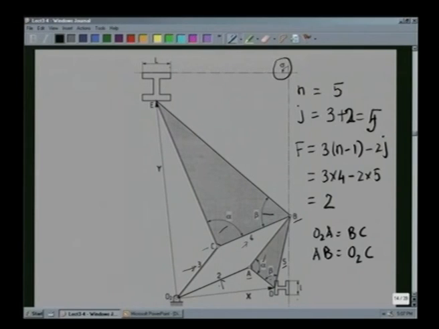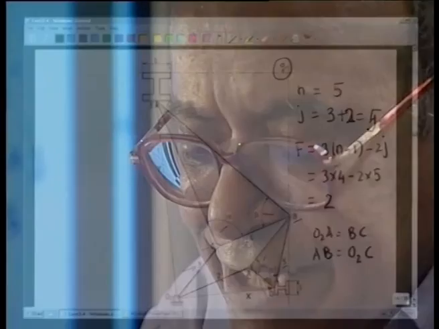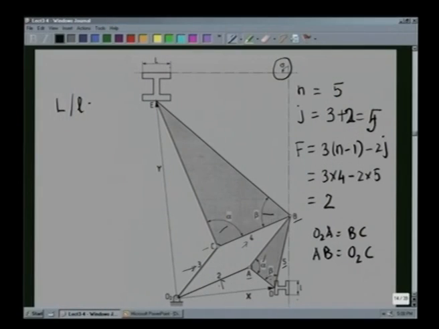Our task is, given the link lengths, let us find what is the scale of the reproduction, that is, what is the value of l by L, and what is this change in orientation, that is, what is the angle sigma, once we are given the link lengths and the angles alpha and beta.